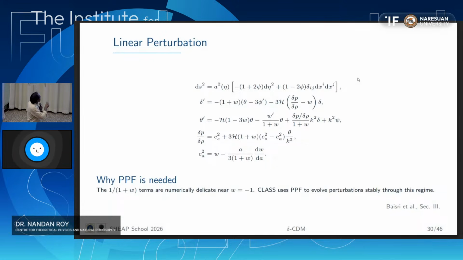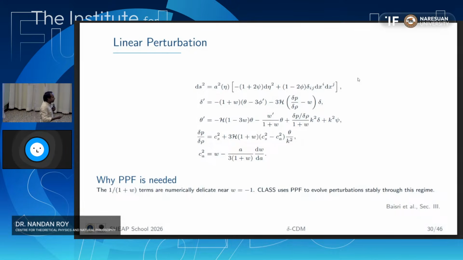And what we did, we implemented this in the CLASS Boltzmann code. In the Boltzmann code CLASS, we need to use the PPF approximation scheme, just to give you the details, because otherwise if some solutions go close to -1, numerically it blows up. So we need some approximation there.